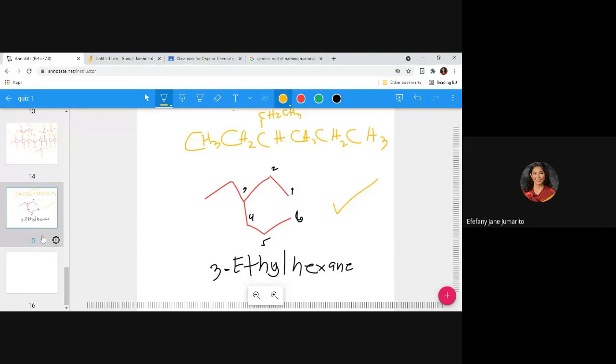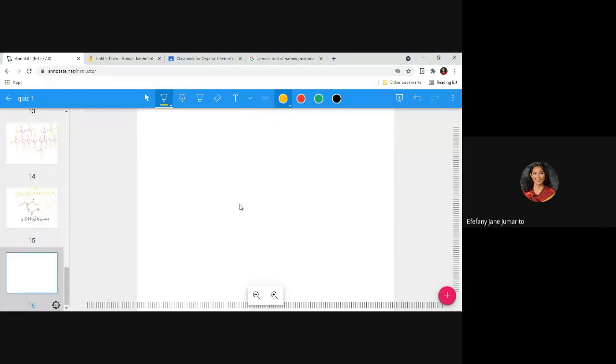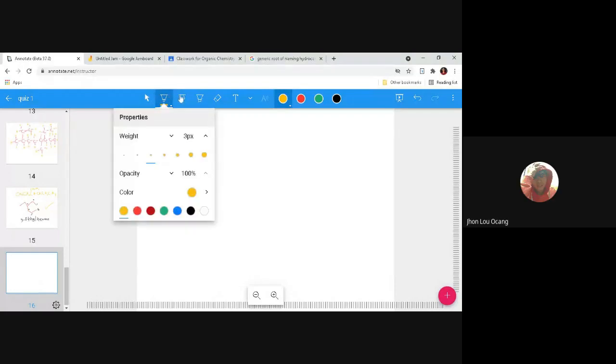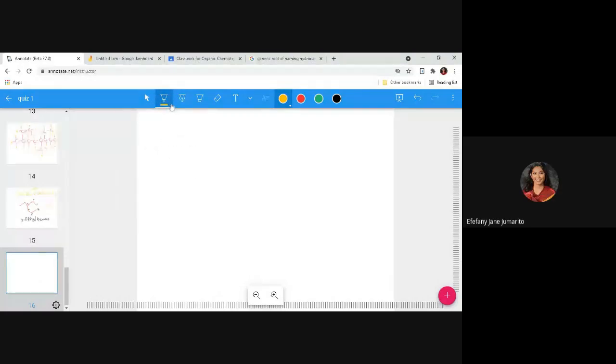You will just write the complete structure, class. Draw it. It is the same as the condensed way of writing, ma'am. What is your complete structure? Pretend you are drawing the line bond structure and then you put the H. Let's draw. What did you put, lines, bonds?